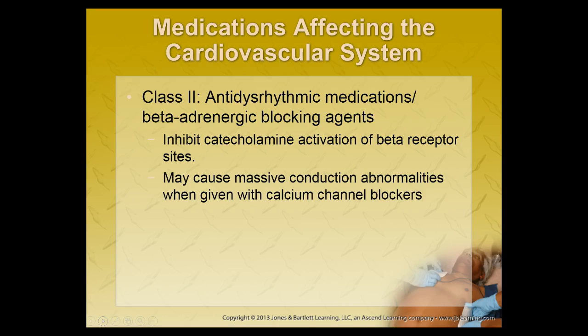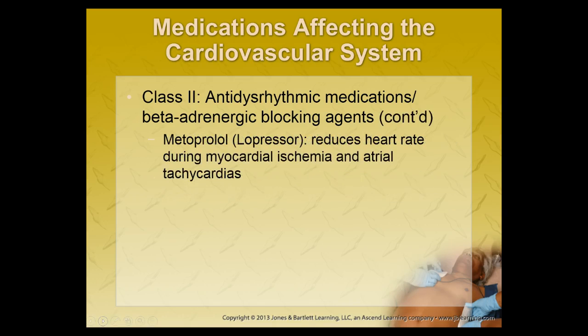So the one example that we have available in Kentucky at least is metoprolol, also known as Lopressor. Now, quite frankly, a lot of folks out in the world who have high blood pressure are on metoprolol every day. And what it does is it reduces the heart rate. And if you can reduce the heart rate, you're reducing the amount of work that the myocardium, the heart muscle, is having to do.